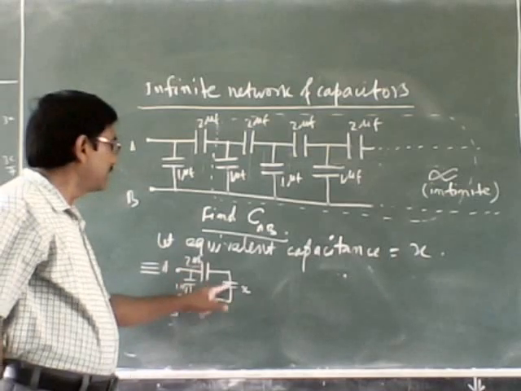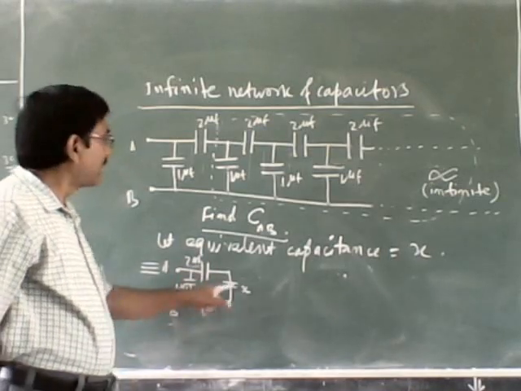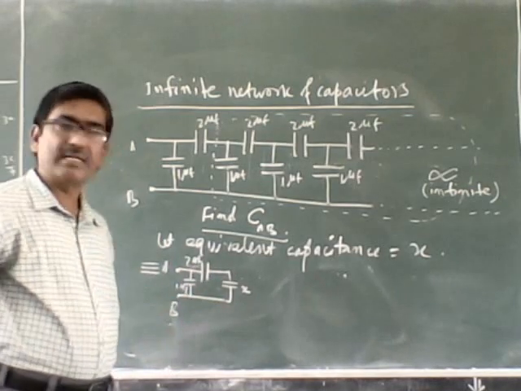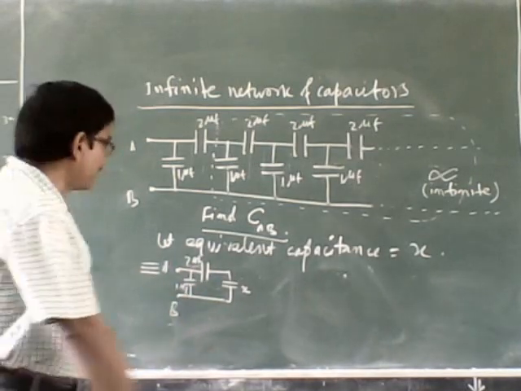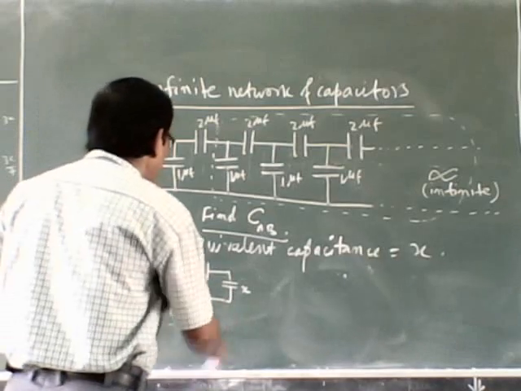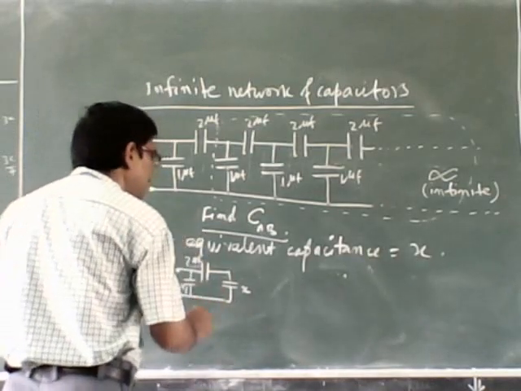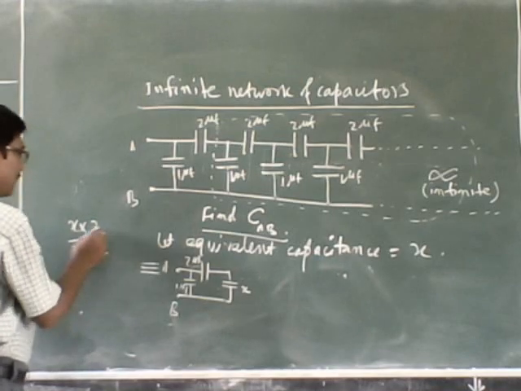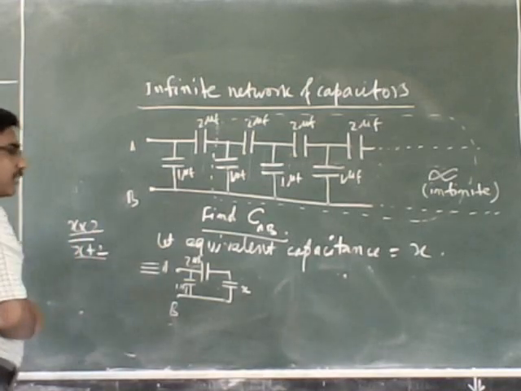They are connected in series, and with the series combination, the 1 microfarad is connected in parallel. As X and 2 are in series, the equivalent is X into 2 by X plus 2, that is 2X by X plus 2.